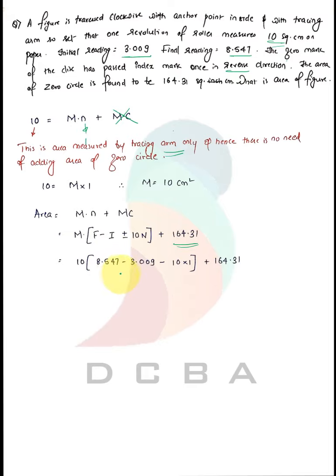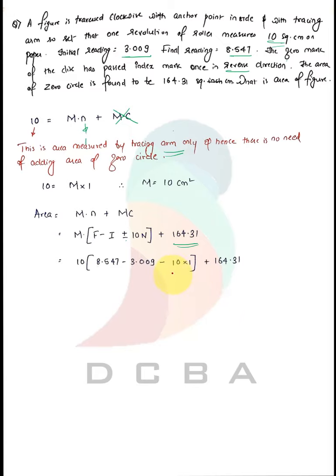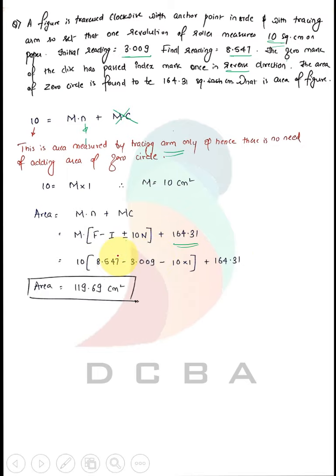So final is 8.501, initial is 3.009, minus because it is in the reverse direction, and 10 into 1. So 1 is the number of times it has passed, and M is 10. When you equate this, you will get it as 119.69 centimeters square. This is the area of that irregular shape.